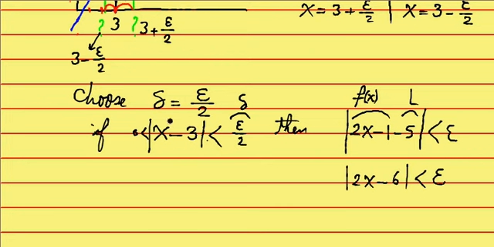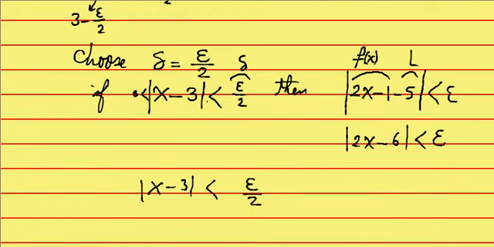Just go ahead, take this inequality and multiply it by 2. Here you are saying x minus 3 is less than epsilon over 2. You can go ahead and double the right hand side. You can always multiply two sides of an inequality by any positive number.